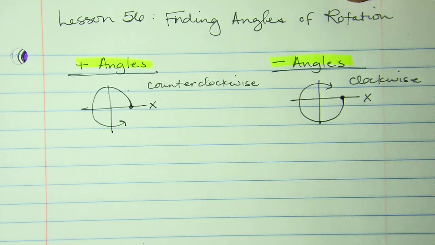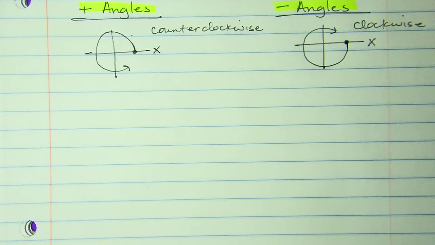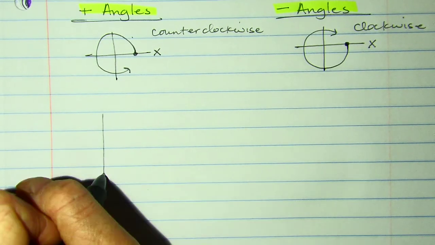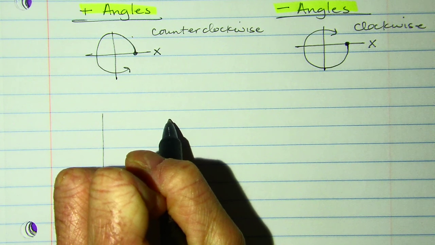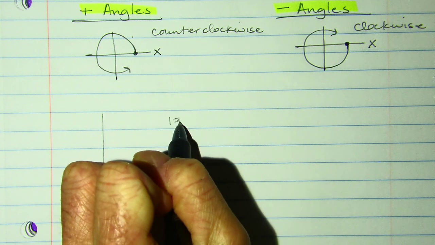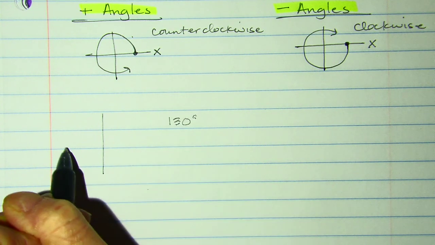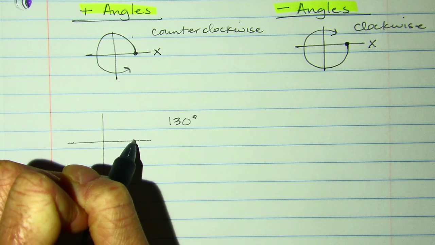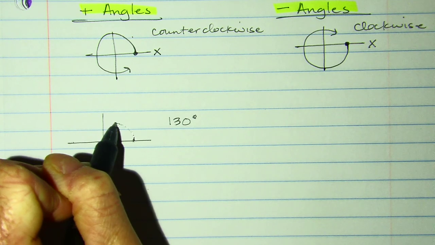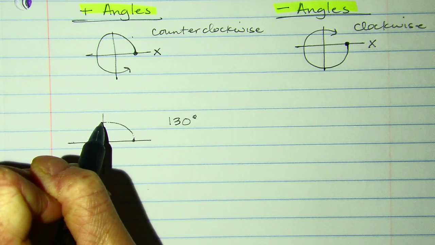Now we need to go over what the different sides of an angle are called. So when I form an angle, let's say 130 degrees, I would start here. There would be 90, and I would need to go another 40 degrees.